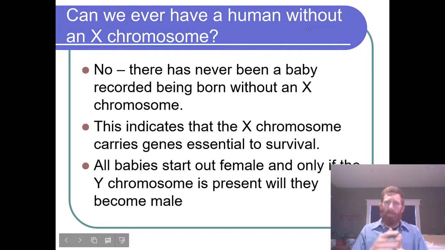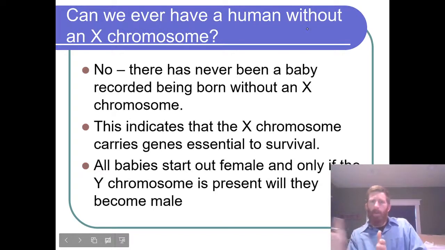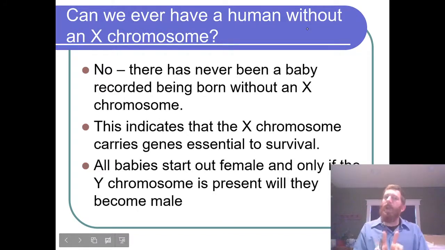Once those proteins are being produced, that embryo, that fetus, that baby takes a sharp right-hand turn towards what we would call maleness. And if that is not present, then the baby would continue on the straight and narrow path to femaleness.